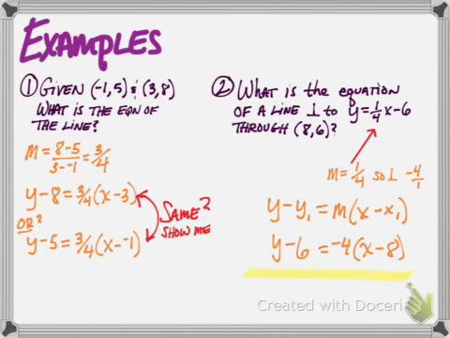Plug in my points and go from there. So I want you guys to copy that down, and then, because we're struggling with fractions a little bit, show me that these two are actually the same thing. I should get the same equation of a line. So show me that those are going to be the same.